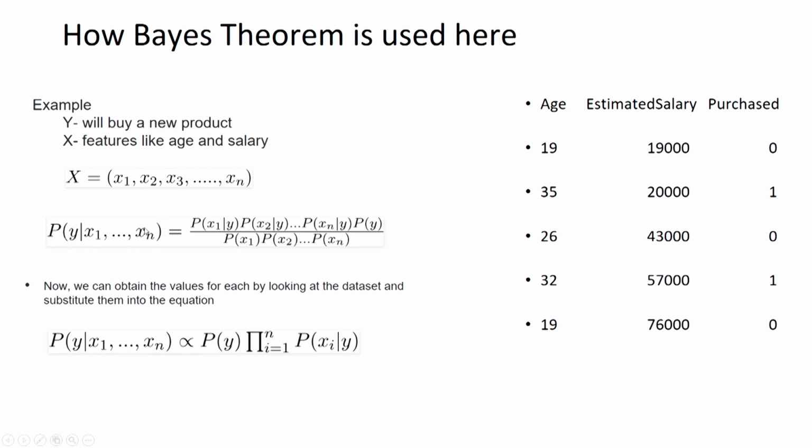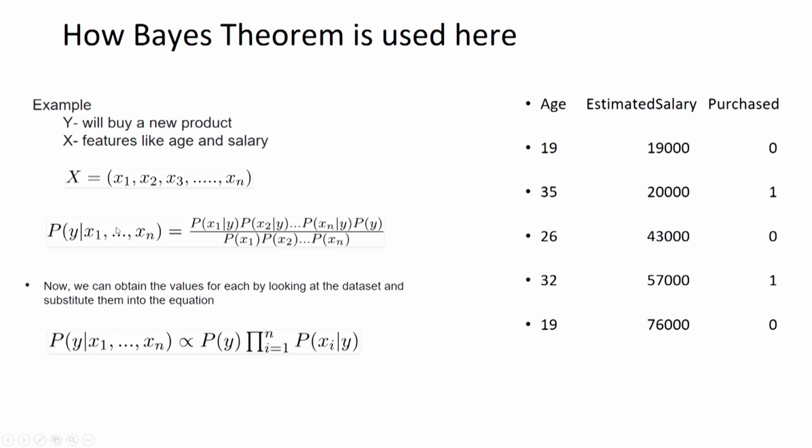If we can find out these probabilities, the class whose probability is higher, we will assign that class to that person or that instance. Now, probability of y equal to 0 given x1, x2 up to xn can be written as probability of x1 given y, probability of x2 given y up to probability of xn given y, into probability of y, upon probability of x1, probability of x2 up to probability of xn. This is nothing but the Bayes theorem as we have seen.